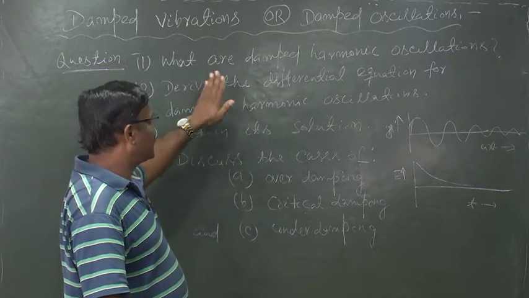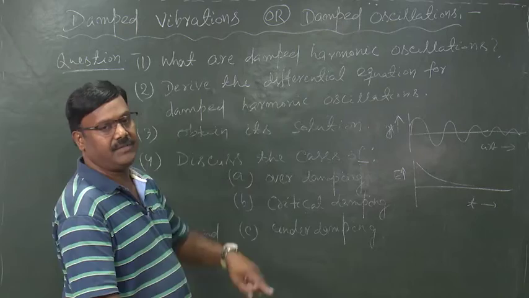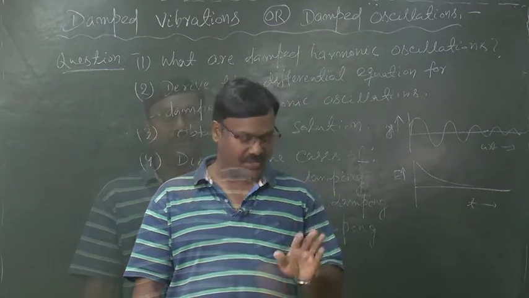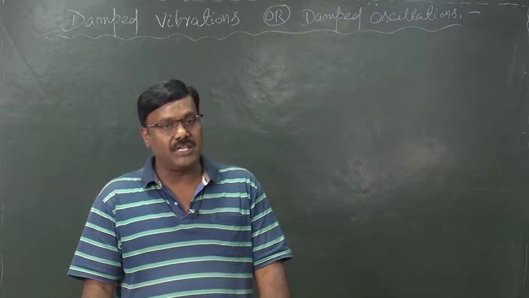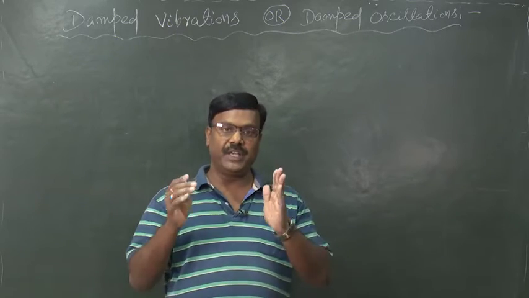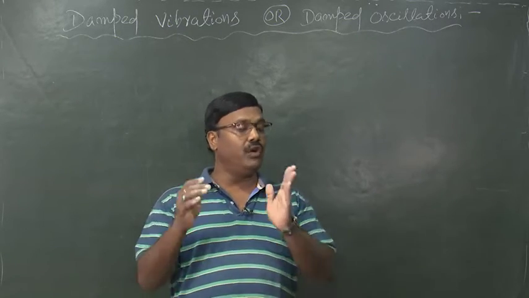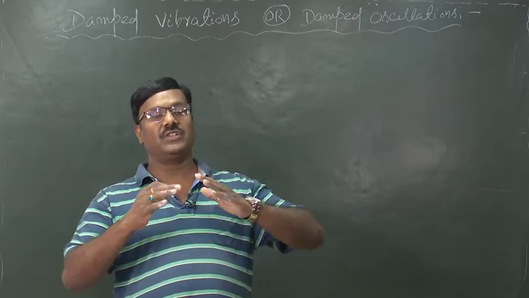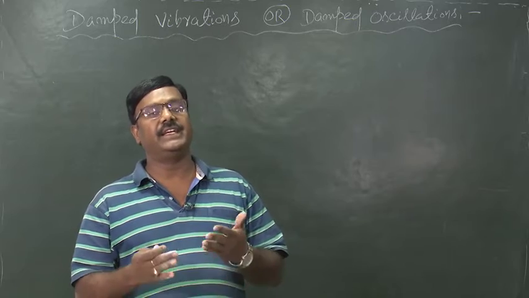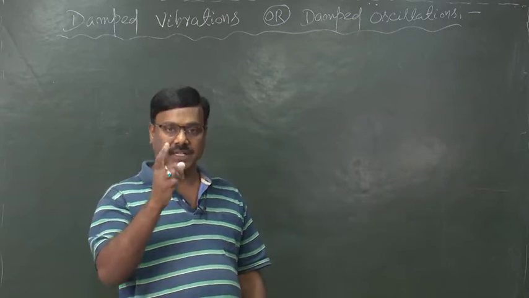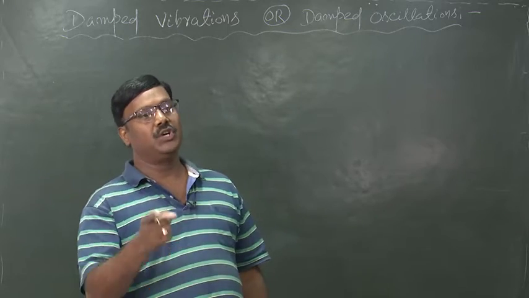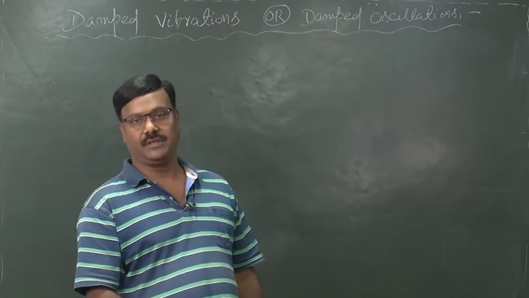Let us start deriving the differential equation for damped oscillation. Undamped oscillations become damped oscillations only when the body executes its oscillation in a resistive medium. Resistive medium means the medium which offers opposition to the motion.